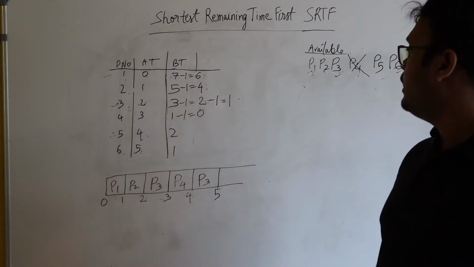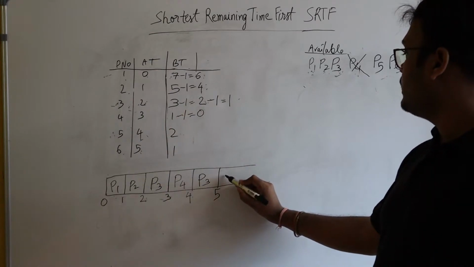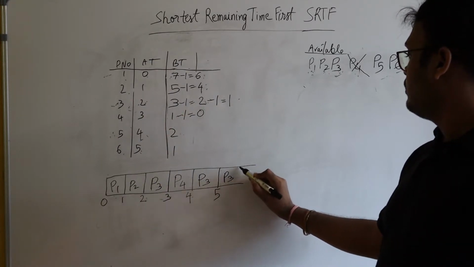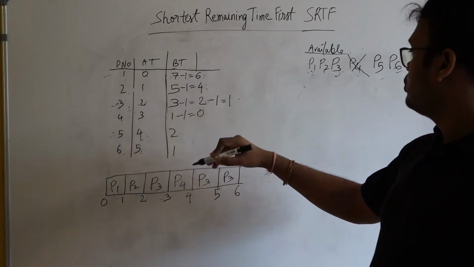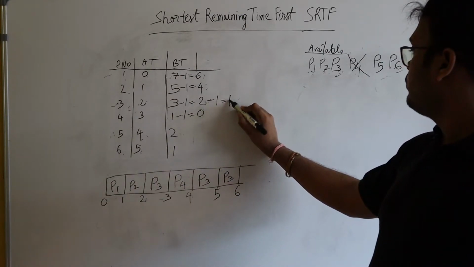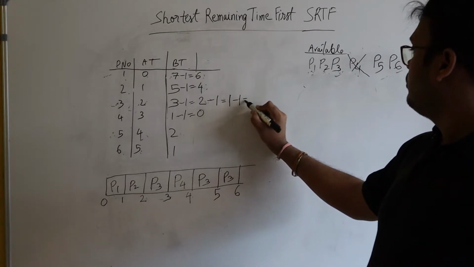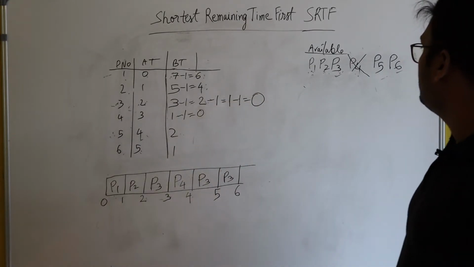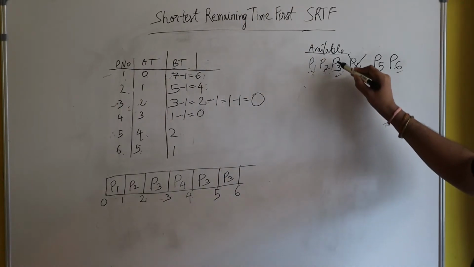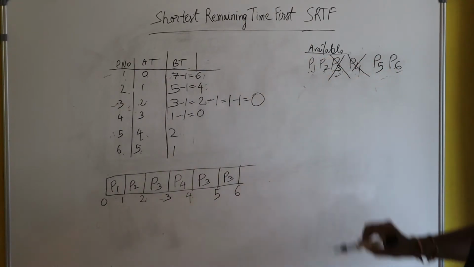P3 arrived earlier, so P3 will further execute for 1 second. This 1 second was left, so it is executed. So now the task of P3 is completed. Here we remove P3 also.